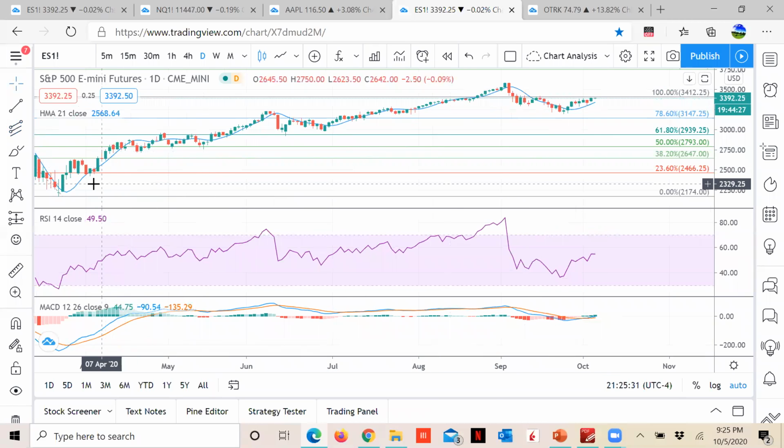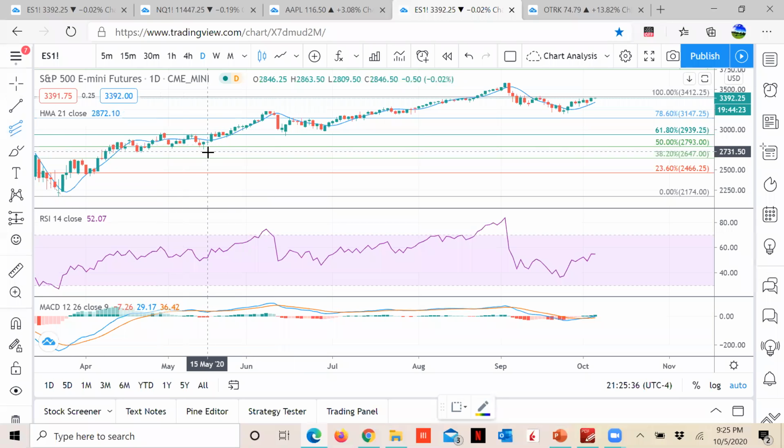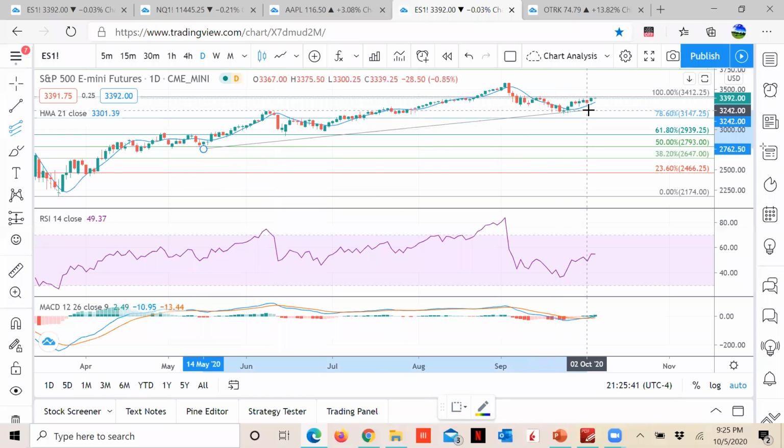But if the upward trend has different trends, what you can do is select it from a reasonable point.